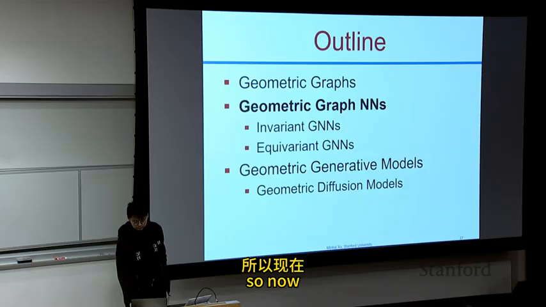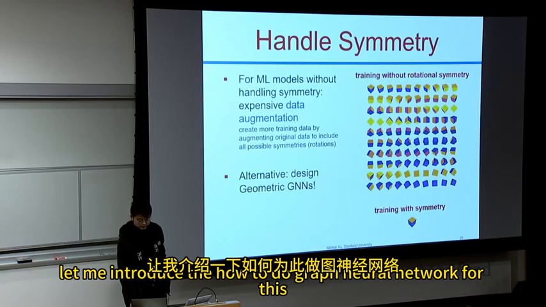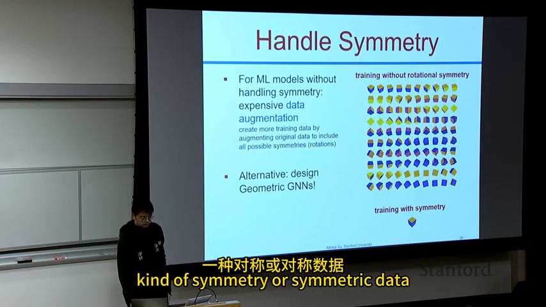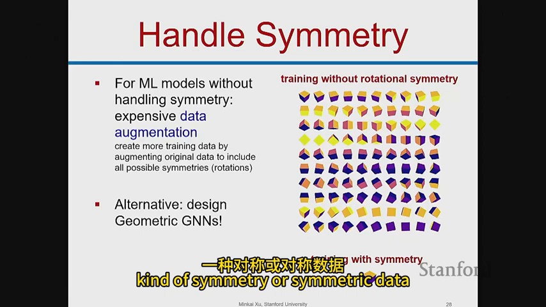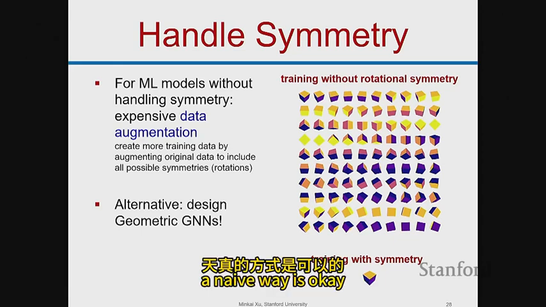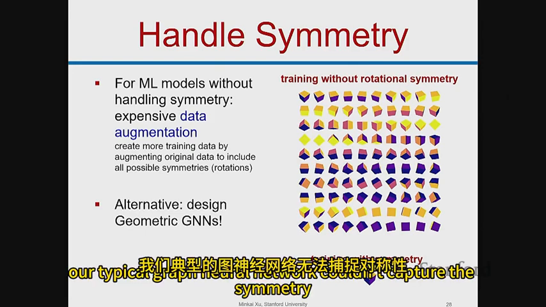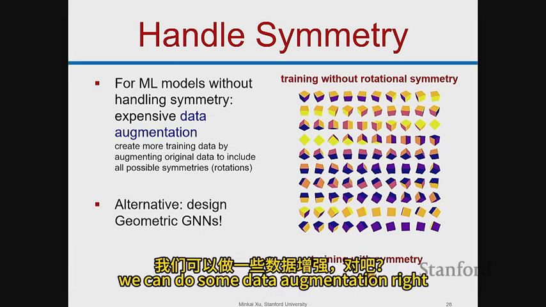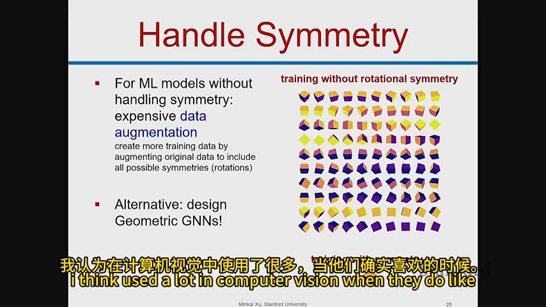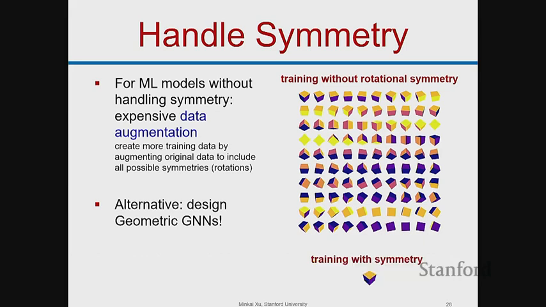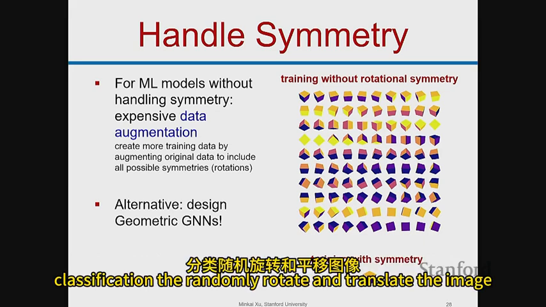Okay, now let me introduce how to do graph neural networks for this kind of symmetric data. A naive way is, although our typical graph neural network couldn't capture the symmetry, we can do some data augmentation. This is used a lot in computer vision when they do classification.